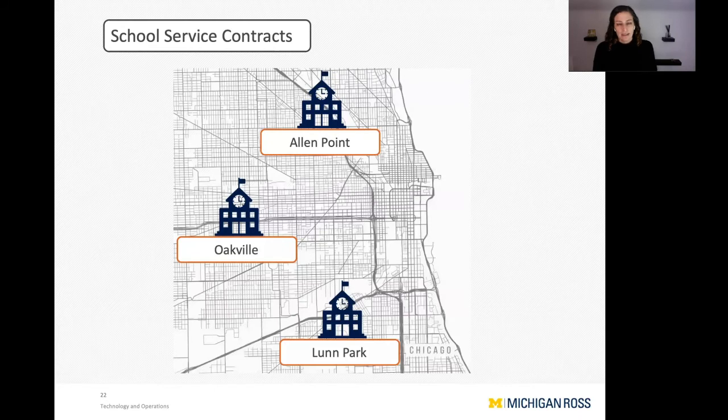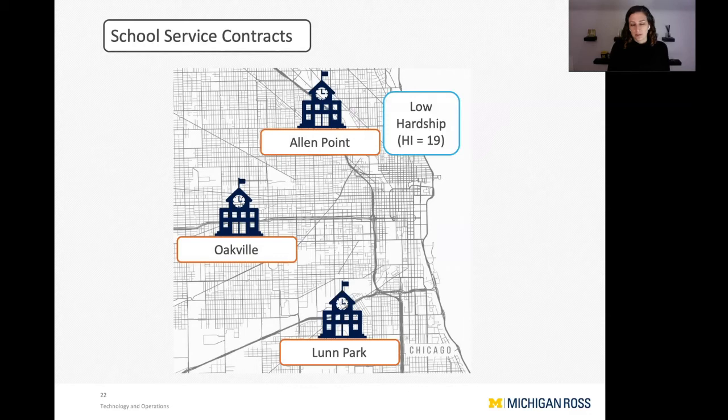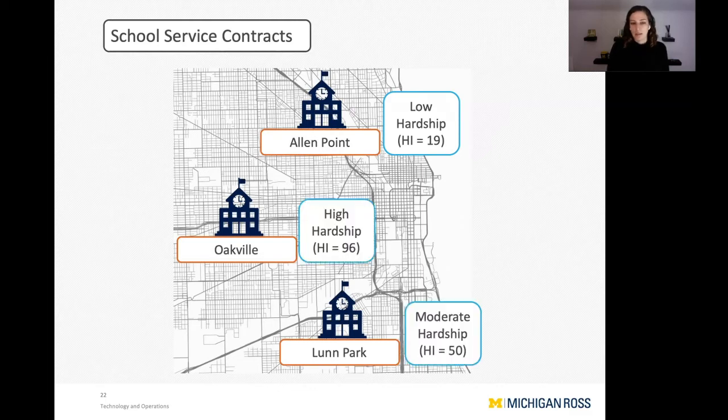And so what we did, because this is sort of a new phenomenon, we decided to focus on 3 neighborhoods in Chicago: Allen Point, Oakville, and Lund Park. These are pseudonyms. And we figured we wanted to select different levels of economic hardship. So Allen Point had low economic hardship, Lund Park had moderate, and Oakville had high hardship, where HI indicates this index that Chicago creates for their neighborhoods.